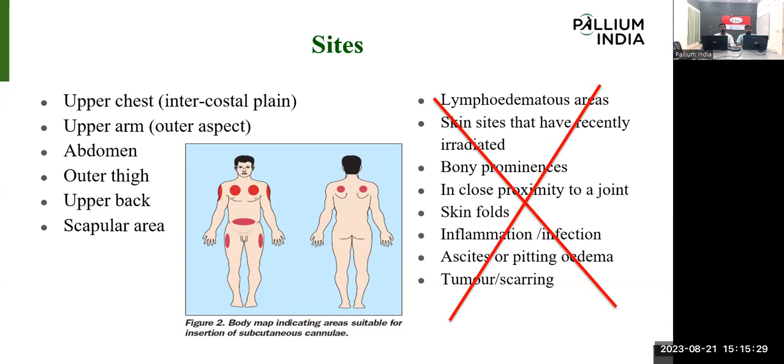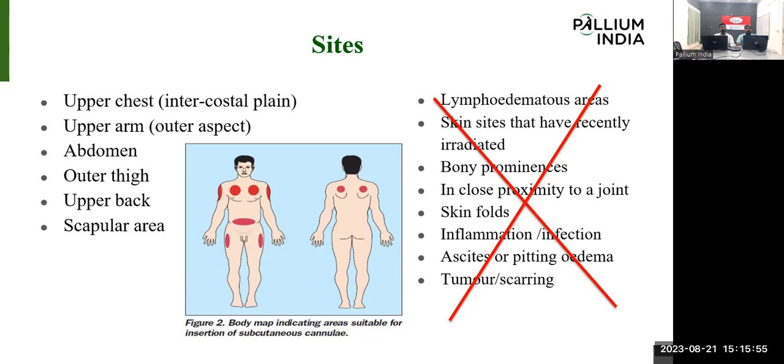Then if the area we are going to choose already has irradiated skin, any scar, or any tumor, we can't give there because it will affect the tumor or disturb the site. Then near or on a bony prominence we cannot give the subcutaneous injection.